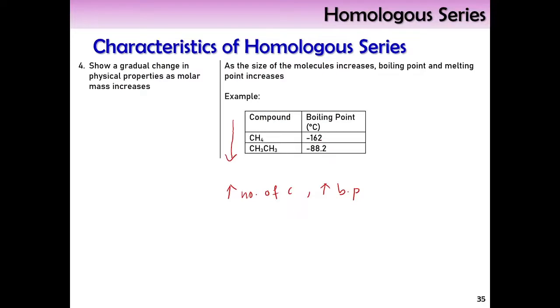Negative 162 is higher than negative 182 because the number here is negative, so this one is larger. So the larger compound is larger in terms of boiling point compared to CH4. So that's it about homologous series and characteristics of homologous series.